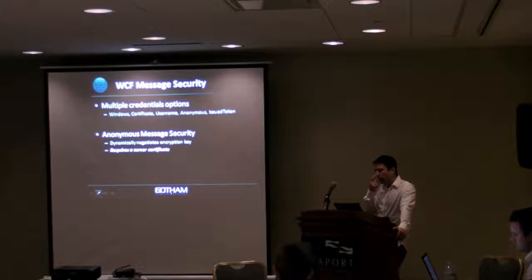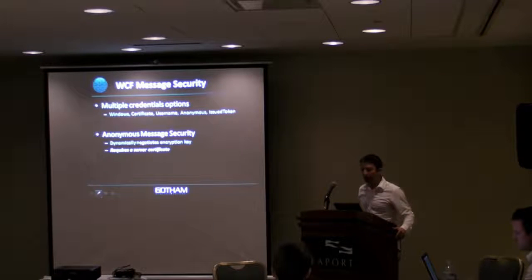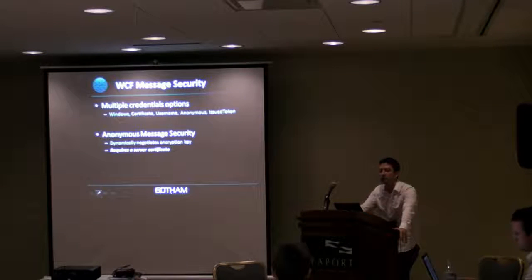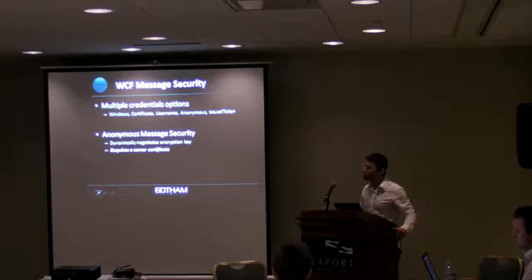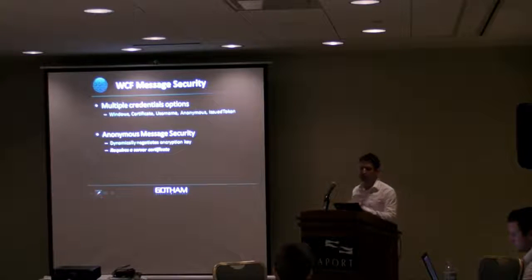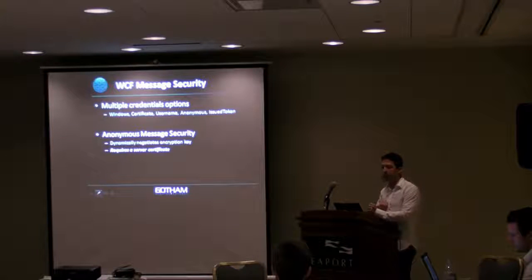When you're trying to communicate with an endpoint that uses message security, there are a couple things that are either going to prevent you from communicating with it at all, or potentially you'll still have some options. The first is figuring out what type of credentials the service requires. You can see here it supports Windows credentials, a certificate, username, anonymous, or a token for some sort of federated model.